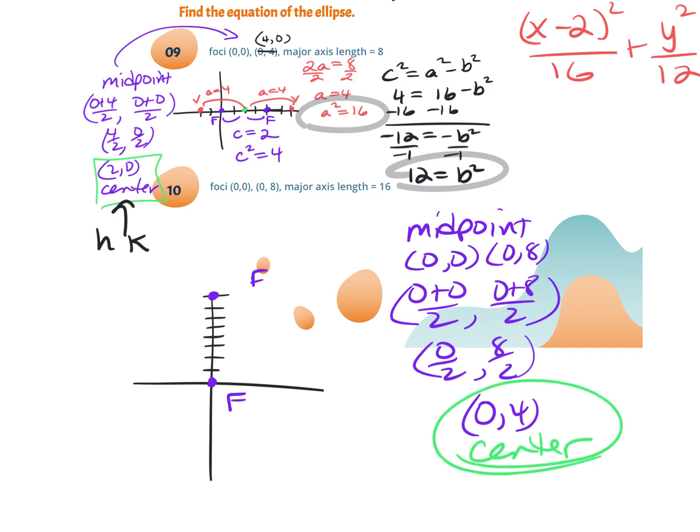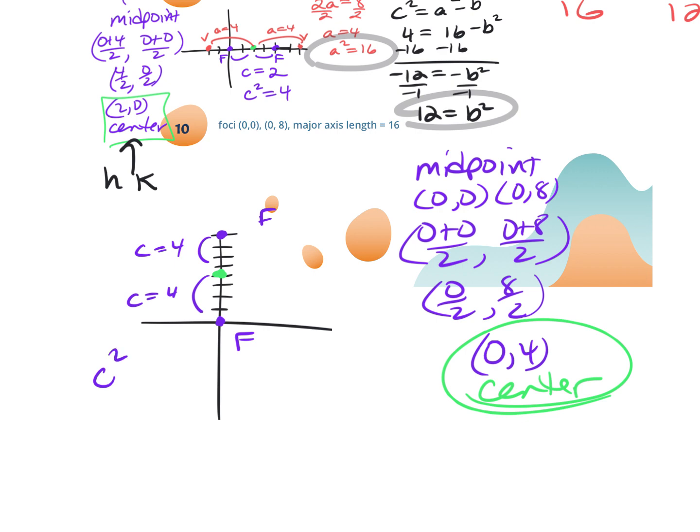You could have also figured out that the C value, the distance from center to focus, has to be the same on both sides of that center, and it's going to be 4 spaces away. So my C is 4, so C squared is 16. Now they also gave me that the major axis length is equal to 16, so 2A equals 16.